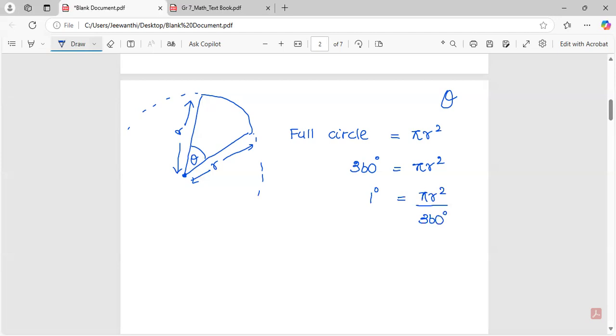Here I don't have 1 degree, instead, I have theta degree. So how am I going to find it? πr² divided by 360 multiplied by theta, right? I don't need the degree sign here, as the degree signs will be cancelled off, but you can keep it like this.